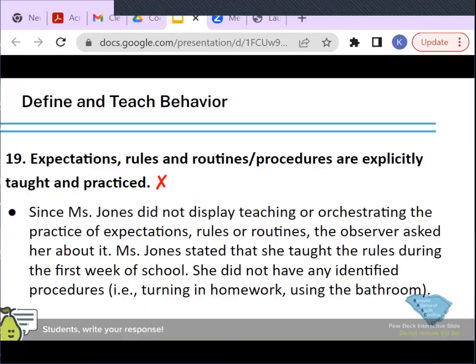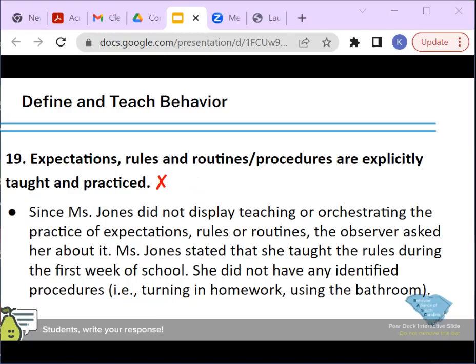Okay, define and teach behavior. This is item number 19. Expectations, routines, and rules are not just posted and exist, but they're taught and practiced. So this is a difficult one to actually observe in a classroom because we don't necessarily do this all day long.